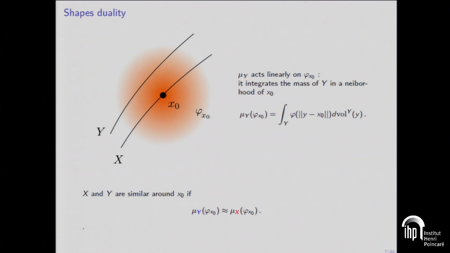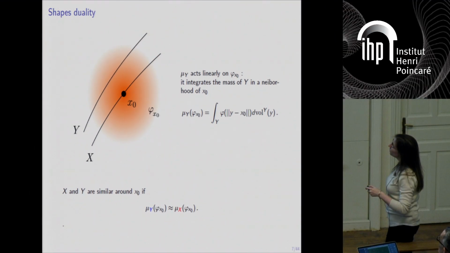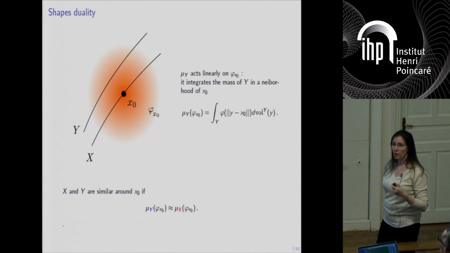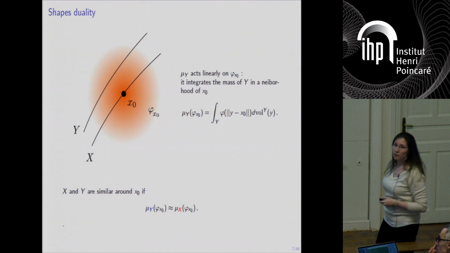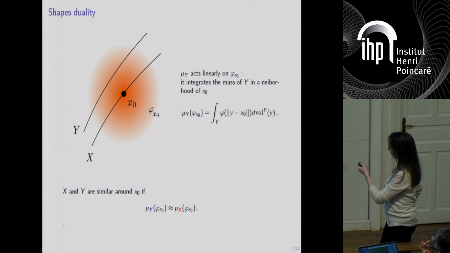Here you have this blob that represents a Gaussian kernel, and the idea is that you will integrate the mass of y in the neighborhood of x0. And it will be weighted by, so you see that you have a decreasing intensity of color. This is the weight given by your test function. So the mass of y here is not integrated in this neighborhood of x0.